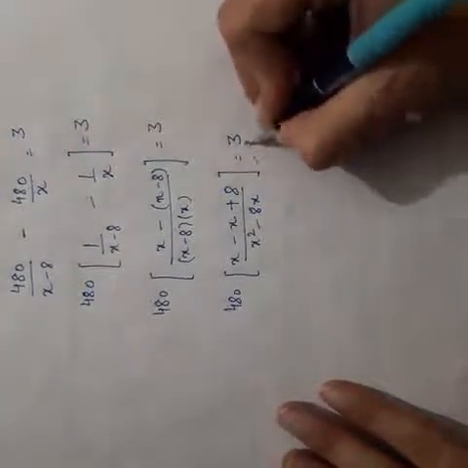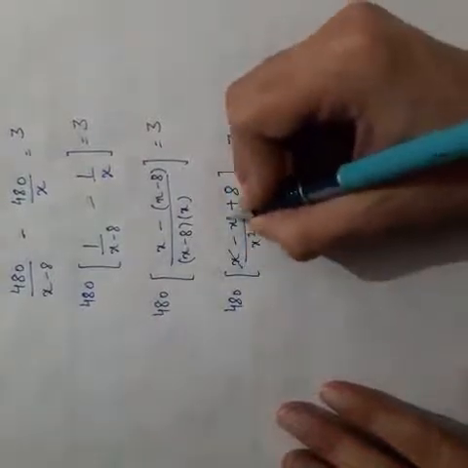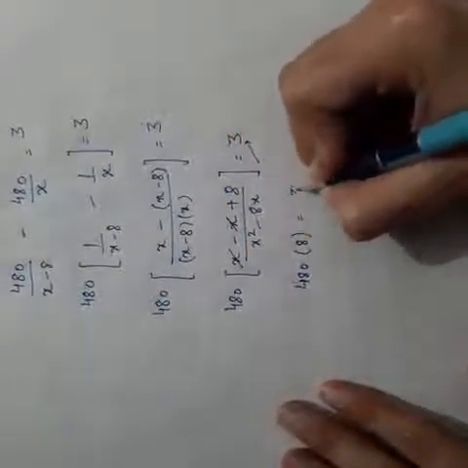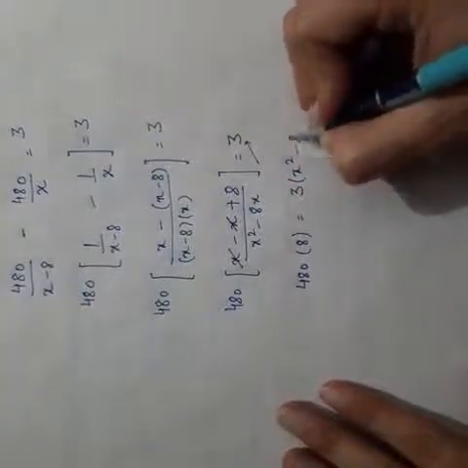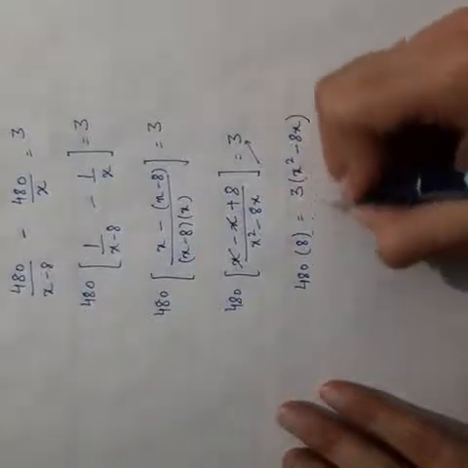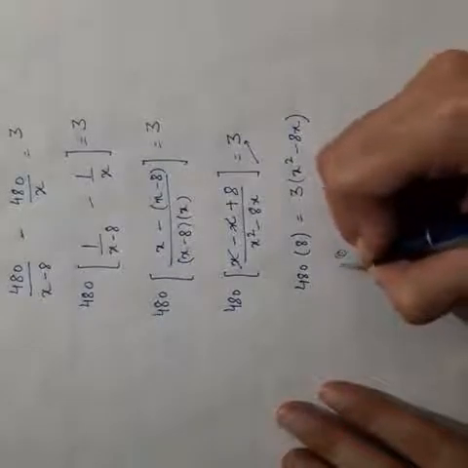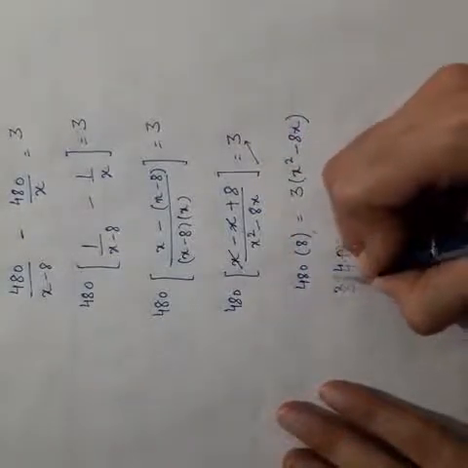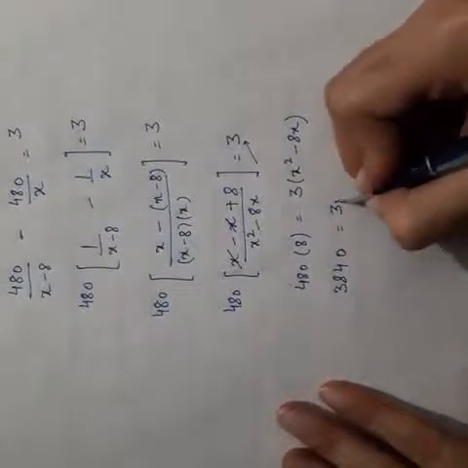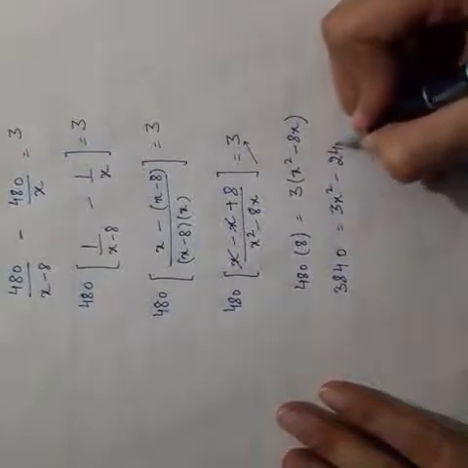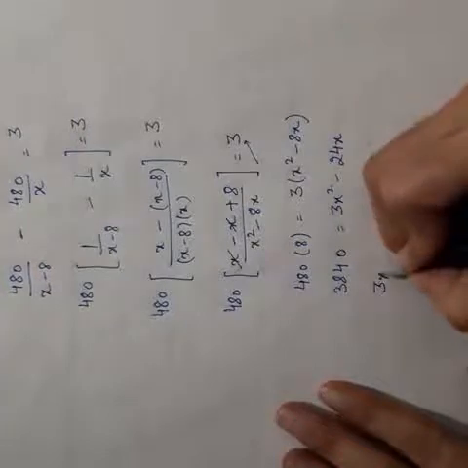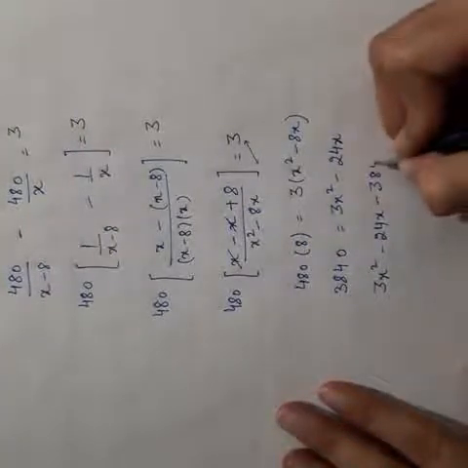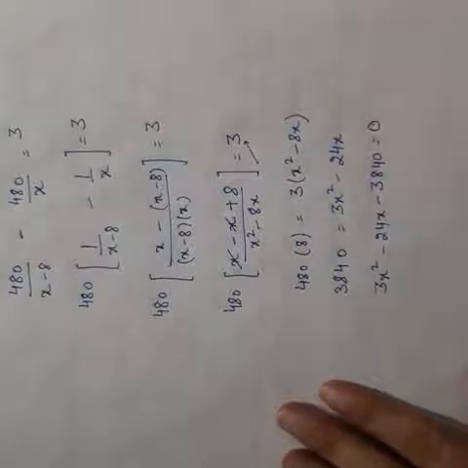Now cross multiplying and cancelling this term. 480 into 8 is equals to 3 into x square minus 8x. Simplify this. 3840 is equals to 3x square minus 24x. Shifting all the terms on the one side equals to 0.